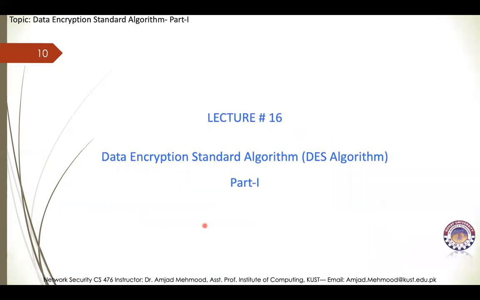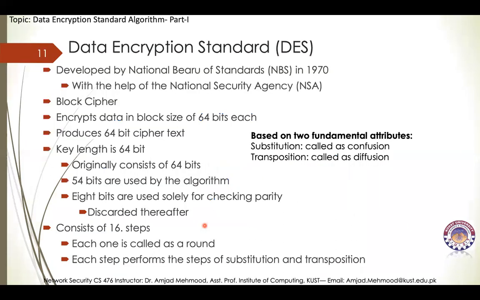Now, let's start today's lecture on the topic Data Encryption Standard algorithm, which is normally called DES, and this is part number 1. The Data Encryption Standard was developed by the National Bureau of Standards, NBS, in 1970, with the help of the National Security Agency, and was approved in 1979.